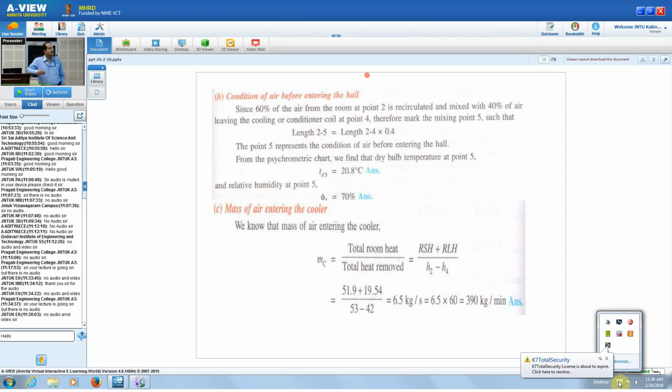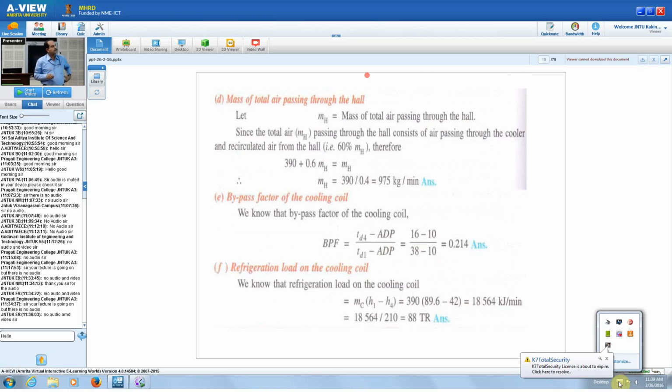The mass of air entering the cooler: total room heat by total heat removed, already seen in the previous problem, was the same. Therefore, its value is 390 kg per minute. Then the mass of total air passing through the hall.